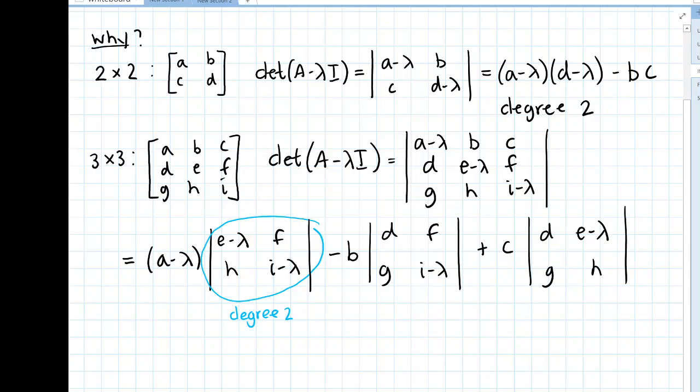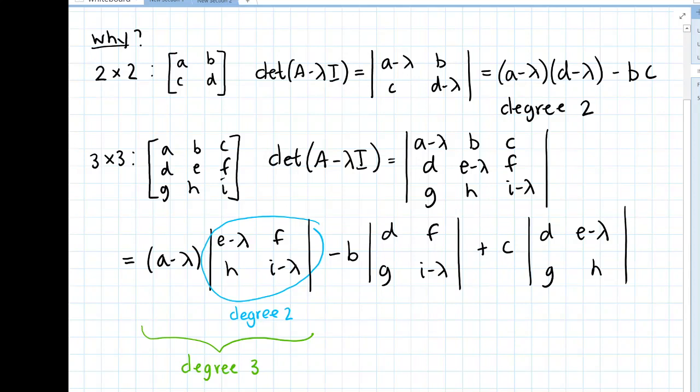If you look at this entire thing, this is going to be degree 3. The highest power of lambda we'll see is 3, because you're going to have lambda squared coming from the determinant, and then the A minus lambda contributing another lambda.